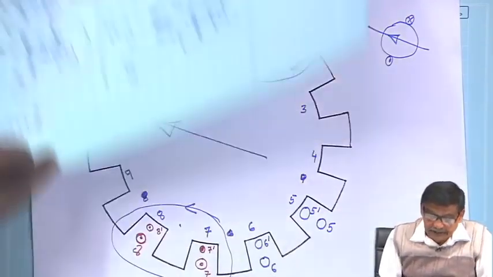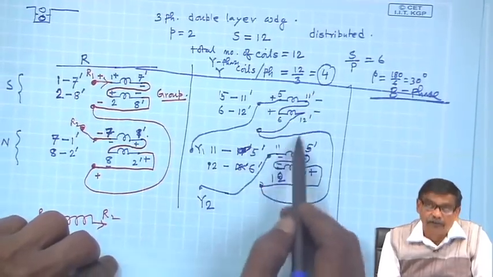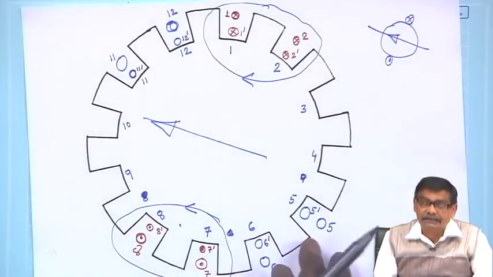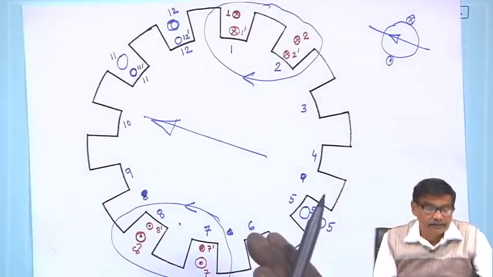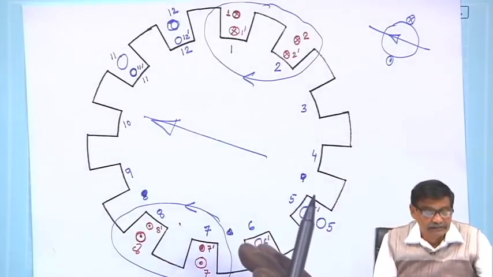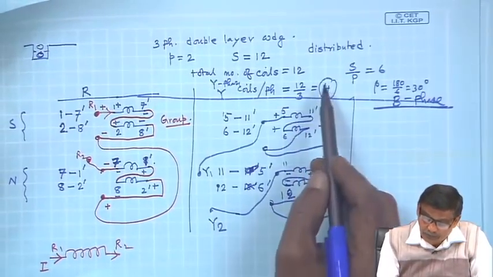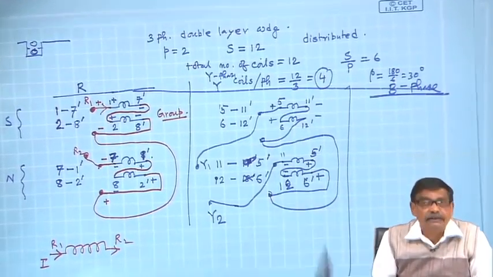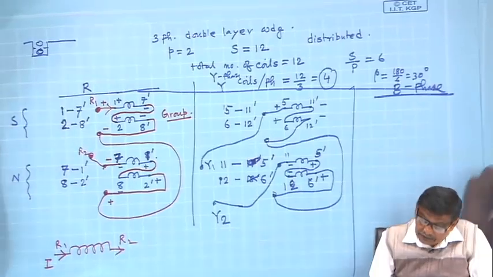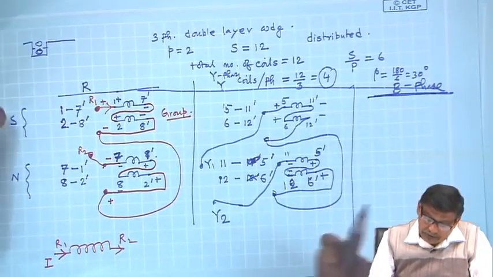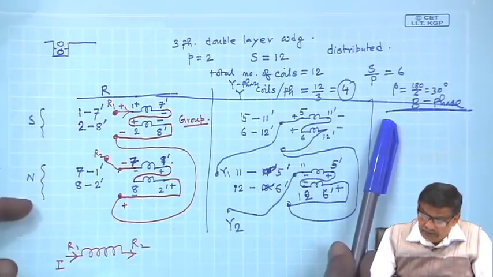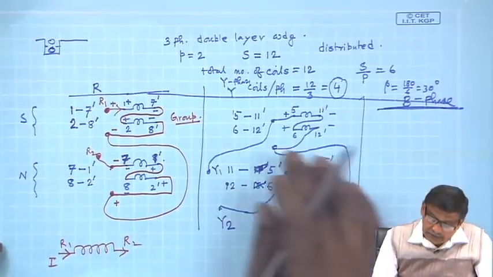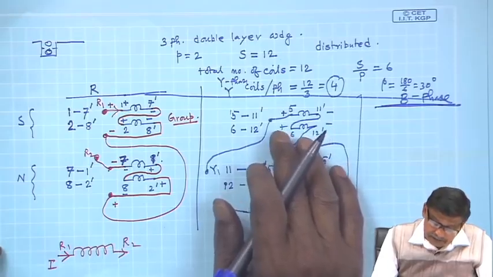And the interconnection of these two coils should be done following this. So, this is how the Y phase 4 coils are completed. There will be 4 coils belonging to each phase. Similarly, for B phase, what is going to happen? B phase should start after 120° electrical from Y phase.